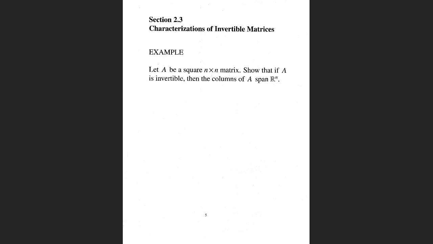In this example, we're assuming we have a square matrix, and we want to show that if the matrix A is invertible, then the columns of that matrix A span Rn, n-dimensional space.